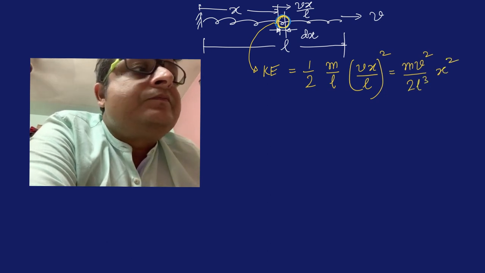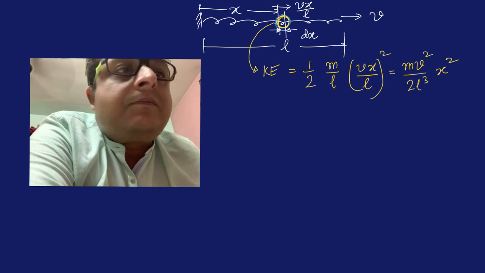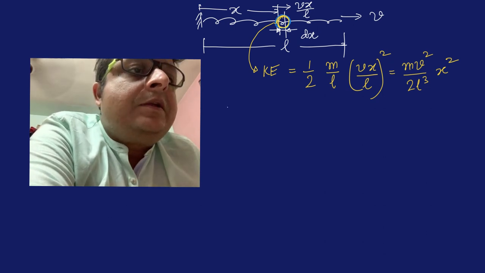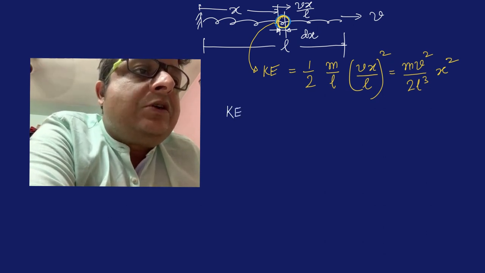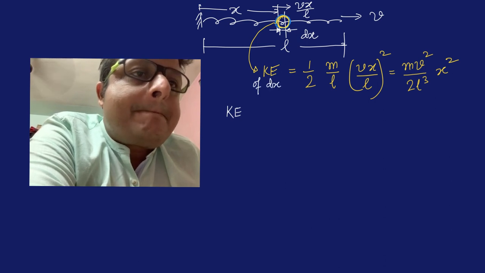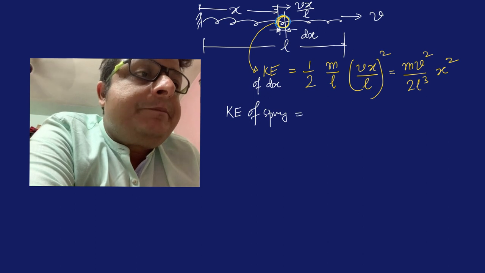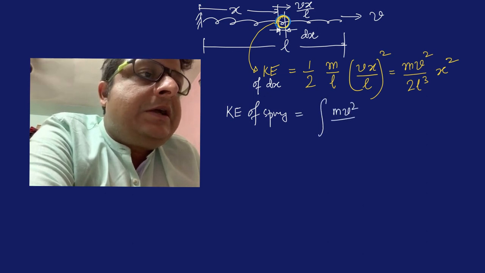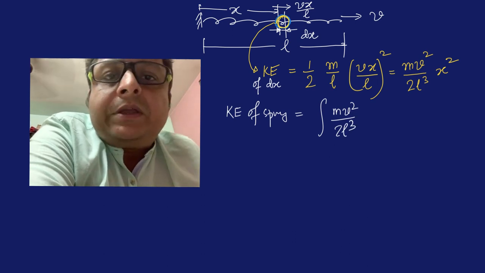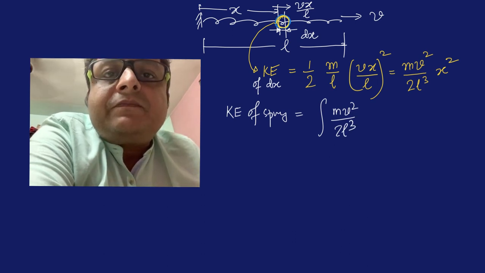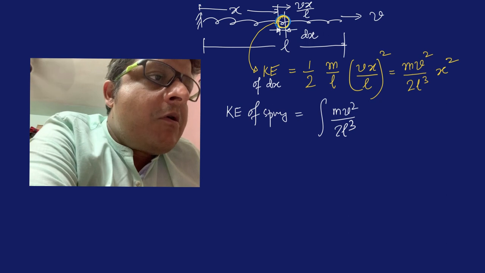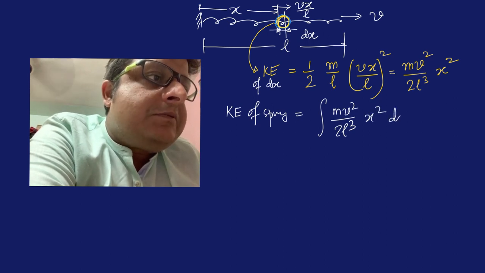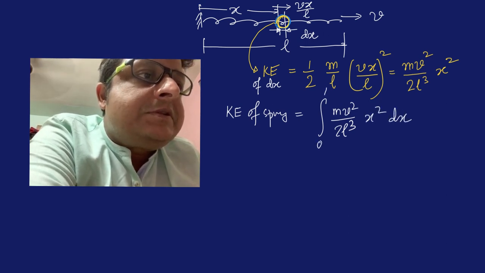This is the kinetic energy of this dx length. The kinetic energy of the spring, you need to integrate it: m v square by 2l cube, that's a constant term, times x square dx from 0 to l.